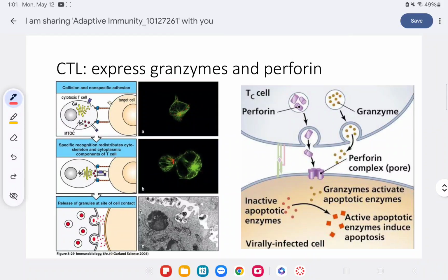All of that stuff starts moving, the actin filaments move those structures right up against the infected cell so that we can make and secrete these proteins. Very important proteins: perforin to make a hole, and granzyme to go through the hole and trigger the apoptotic event.